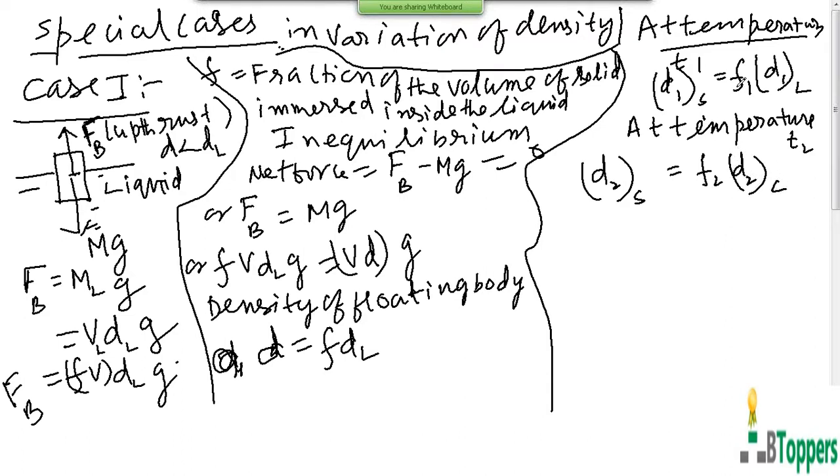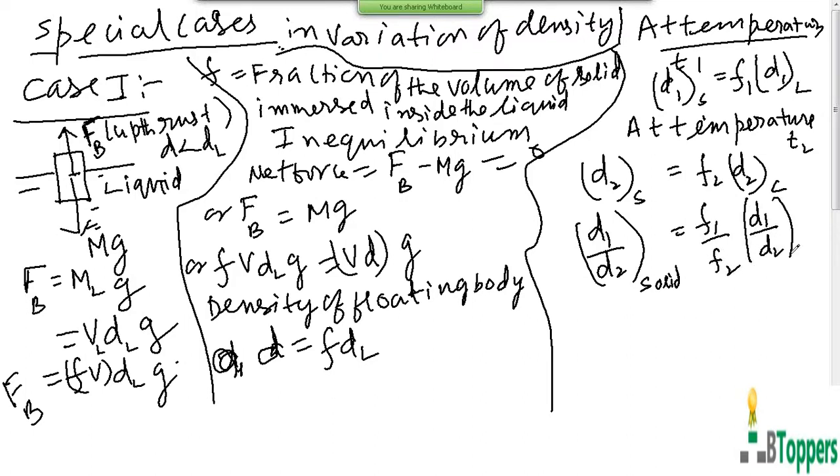F2 represents the fraction of the volume of the solid immersed below the surface of the liquid. So if you divide one by the other, d1 by d2 for the solid can be written as F1 by F2 into d1 by d2 for the liquid.